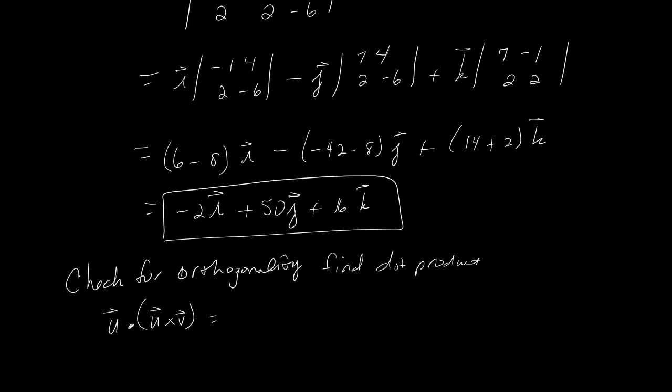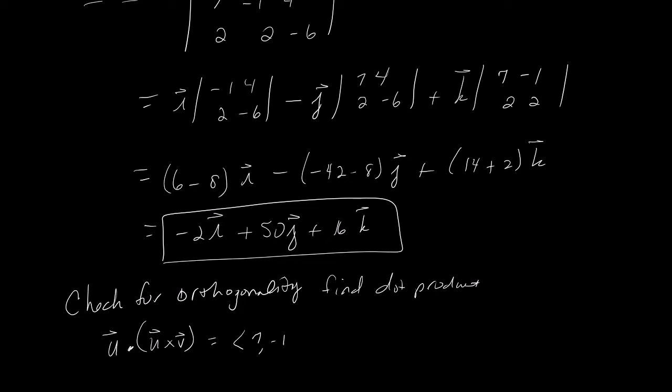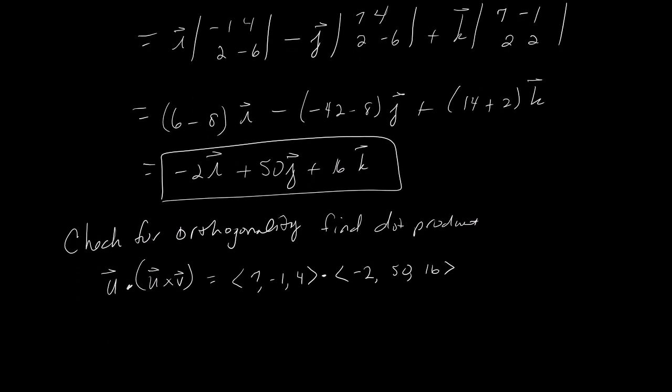There's 7, negative 1, 4, dotted with negative 2, 50, 16. We multiply corresponding components: 7 times negative 2 plus negative 1 times 50 plus 4 times 16. So that's negative 14 minus 50 plus 64. That is in fact equal to 0, so that checks.